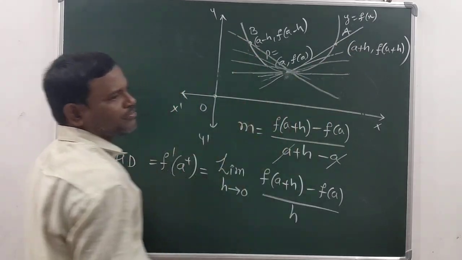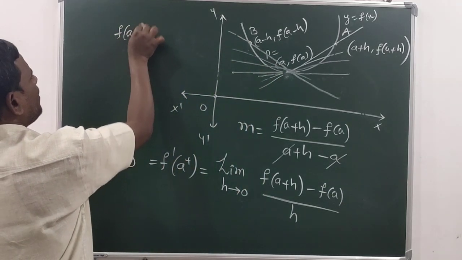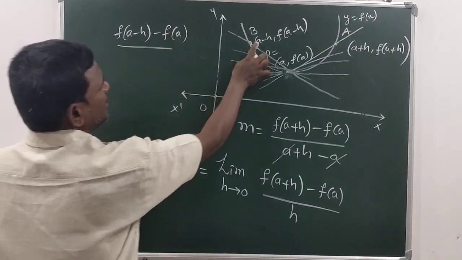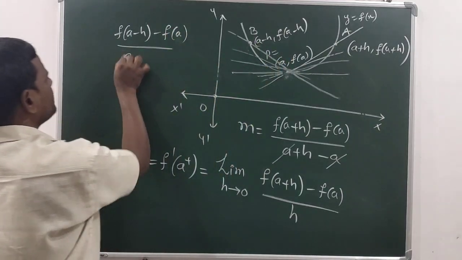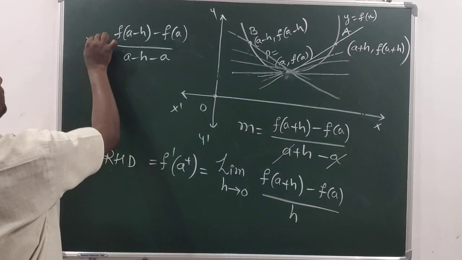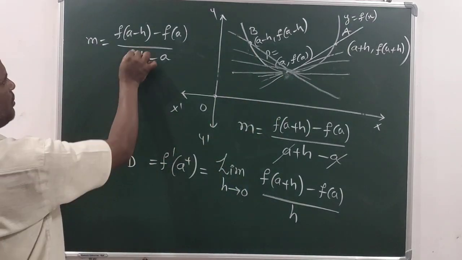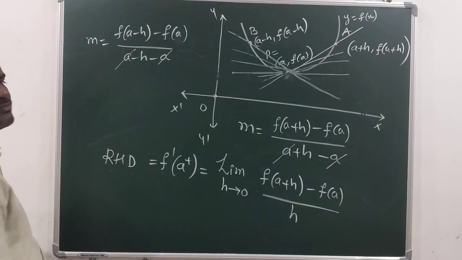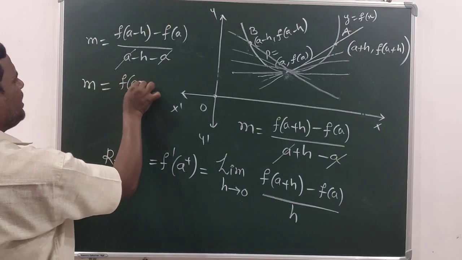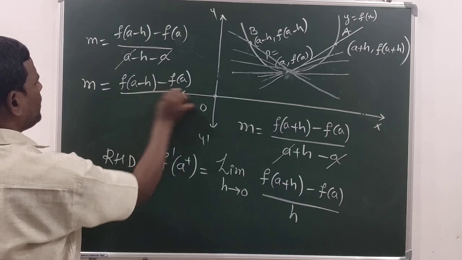Now the slope of the secant pb is f of a minus h minus f of a by a minus h minus a. So now a cancels. Now m is equal to f of a minus h minus f of a by minus h.